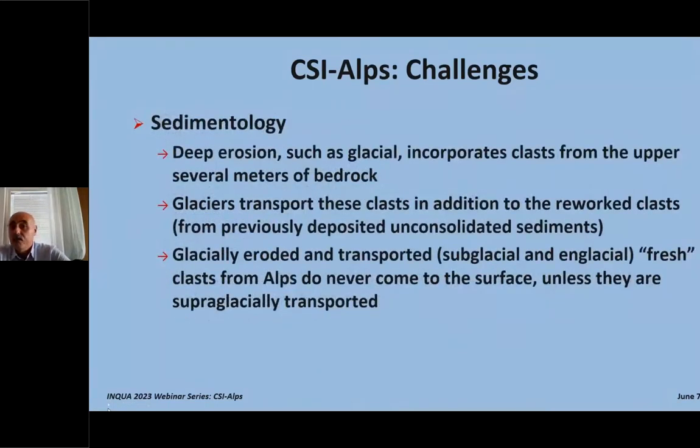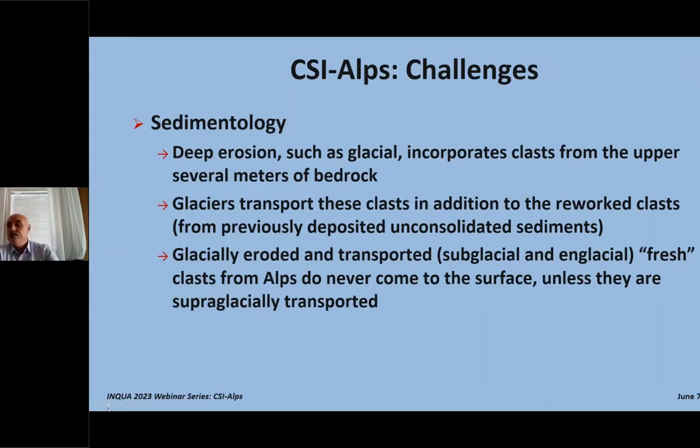Then, of course, deep erosion, such as glacial erosion, incorporates clasts from the upper several meters of bedrock. Glaciers transport these clasts, and in addition, you have reworking of previously deposited material.